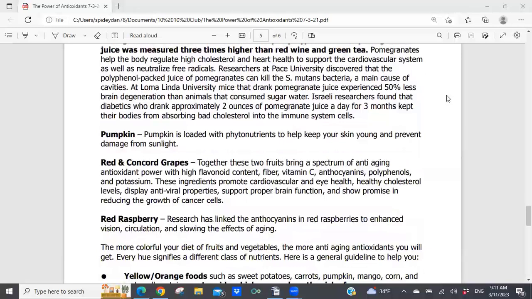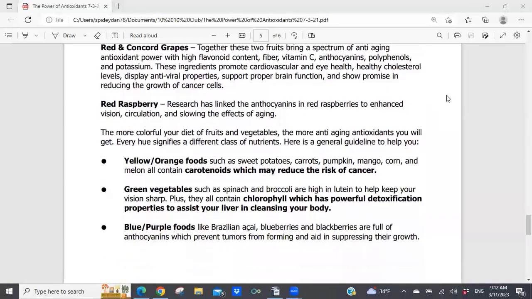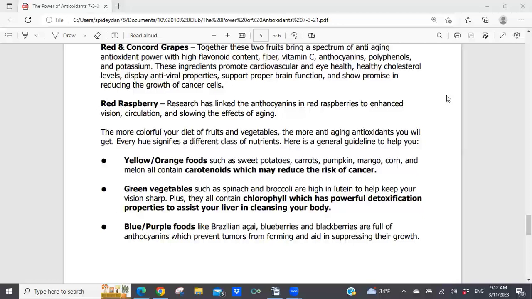And then we have pumpkin, red and Concord grapes, red raspberry. And before I go and look at some products from Synergy Worldwide to help you see some of the products that they have that are powerful antioxidants, I just want to leave the last thing here.